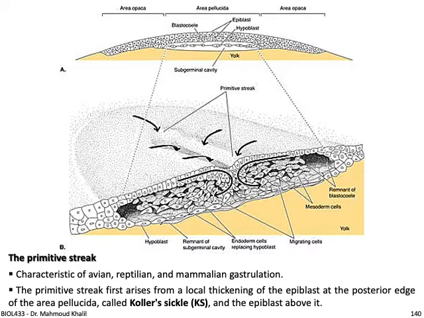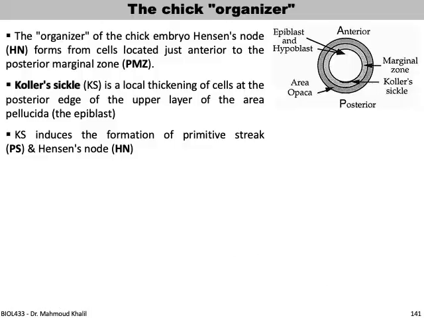And this region is called Koller's sickle, KS, and the epiblast above it. What's the chick organizer? You can see from this simple figure the relation between the area opaca and area pellucida, where Koller's sickle cells are located, the marginal zone, and in the middle, of course, on top is the epiblast, below it is a hypoblast separated by the blastocoel.